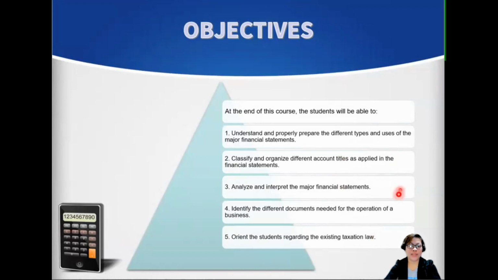You are expected to understand and properly prepare the different types and uses of the major financial statements, classify and organize different account titles as applied in the financial statements, analyze and interpret the major financial statements, identify the different needed documents for the operation of a business, and be oriented regarding the existing taxation law, the TRAIN law.